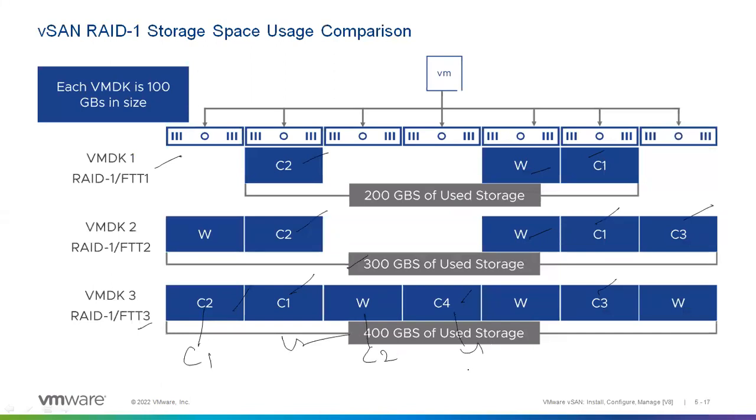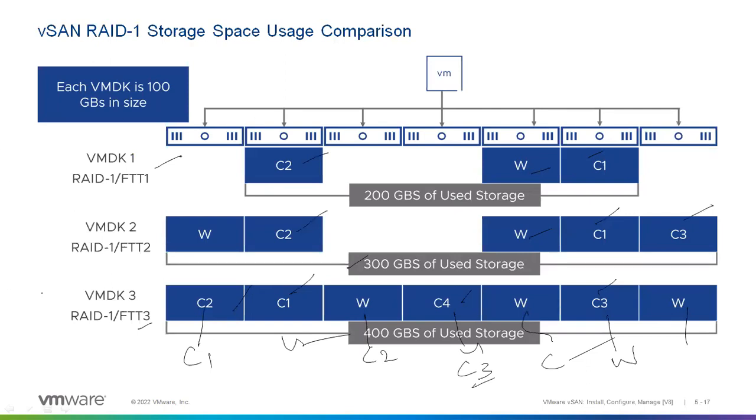The placement responsibility is the intelligence of vSAN, how it writes the data. It will not follow the same pattern. Maybe next time it will write C1, C2, C3 in other places, and the 3 witnesses in other places.